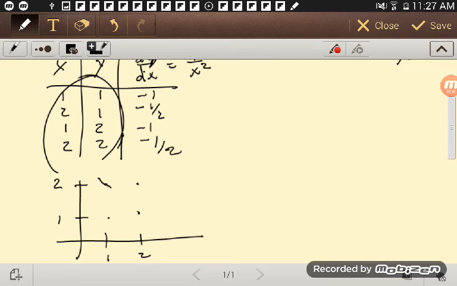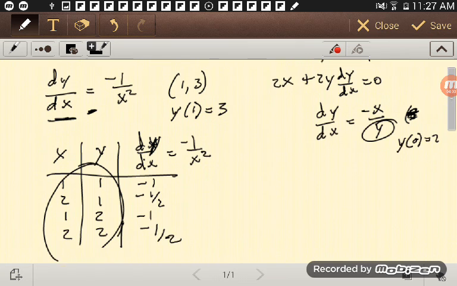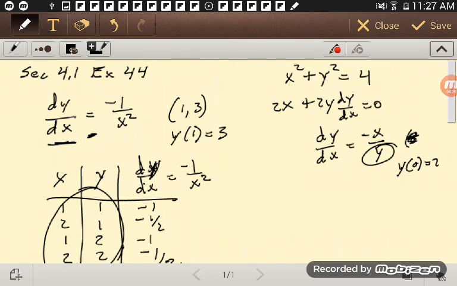So this would be a negative 1 slope, and a negative 1 slope, and then a negative 1/2, and a negative 1/2. And then we could look at connecting the dots to get our solution. So remember, our solution goes through the point (1, 3).